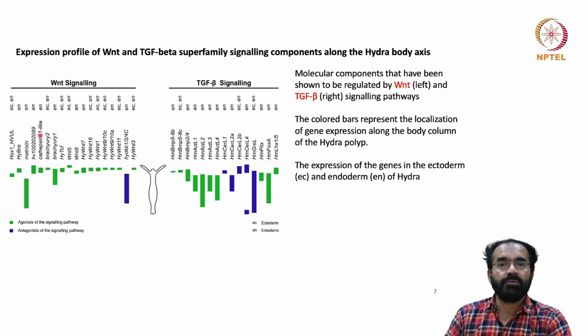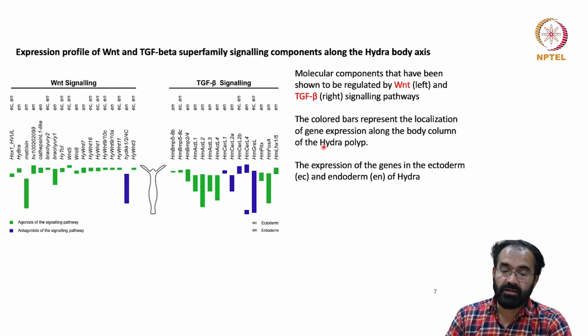In this left panel, what you are seeing is the Wnt signaling events, and in the right panel, you are seeing the TGF-beta signaling. And what you see here are the molecular components that have been shown to be regulated by the Wnt and TGF-beta signaling pathways. So many genes are there. Let us not focus on these genes. The colored bars represent the localization of gene expression along the body column of the Hydra polyp.